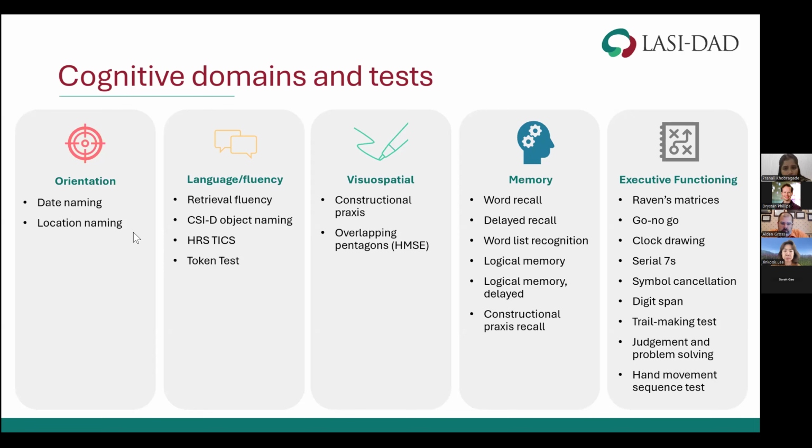Then we have visuospatial abilities, which assess spatial processing and visual constructional skills. Then we have the memory domain, where we test encoding, storage, and retrieval of information. And lastly, we have executive functioning, which assesses planning, reasoning, flexibility, and inhibition.